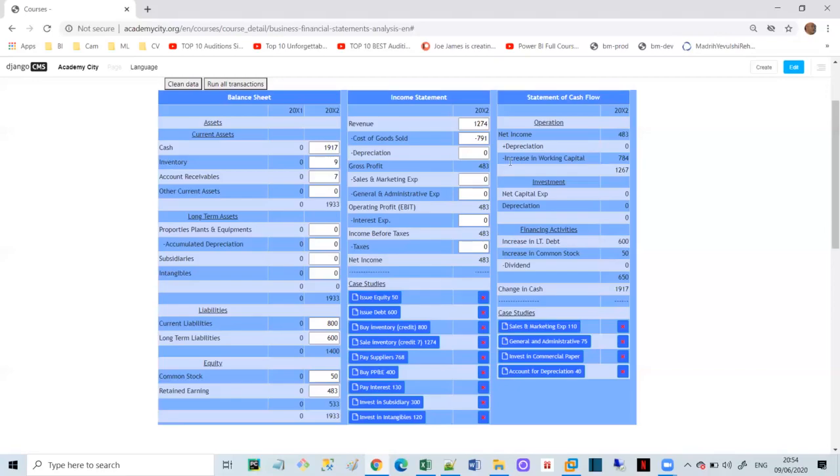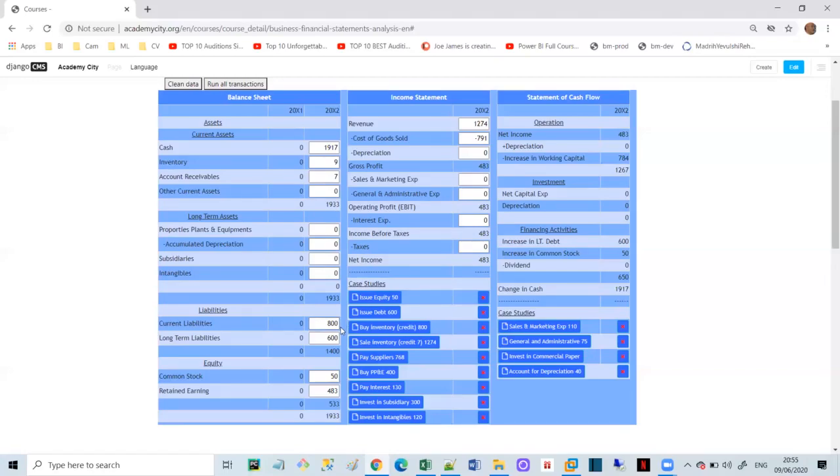But okay, let's see what working capital is. What is the definition of working capital? Usually in accounting, the working capital is the difference between current assets and current liabilities. So you should take 1933 minus 800. That's the working capital.